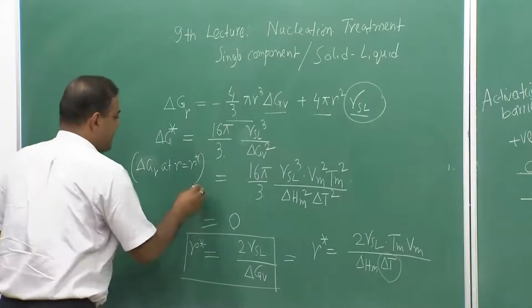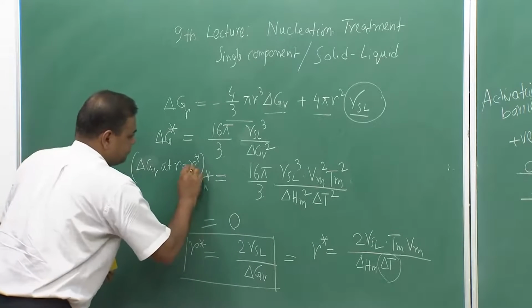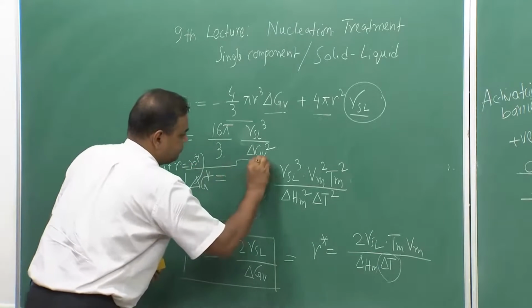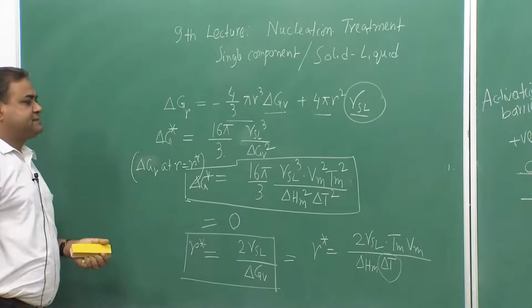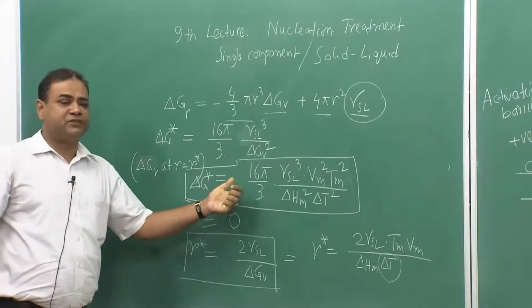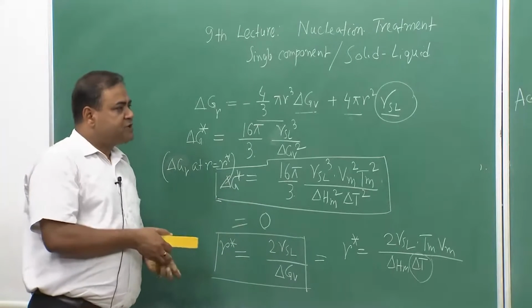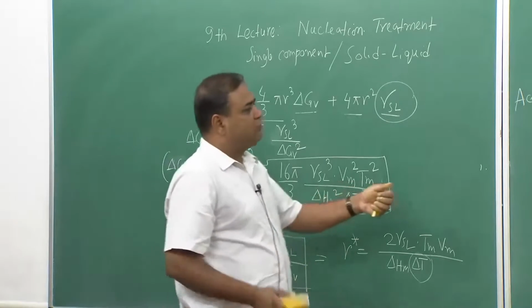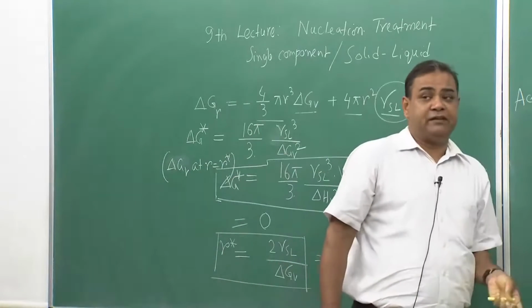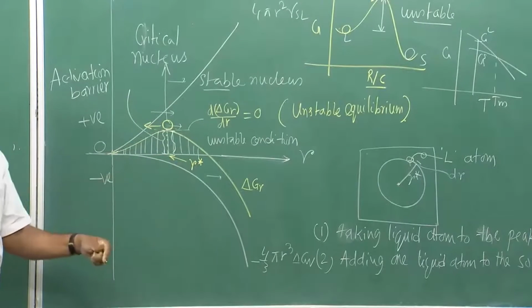So, this is another important expression. In the next lecture, we will solve some problems using these two equations. Okay. Now, coming to the rate at which this solid will form, I am just talking about the solid going to the other end.